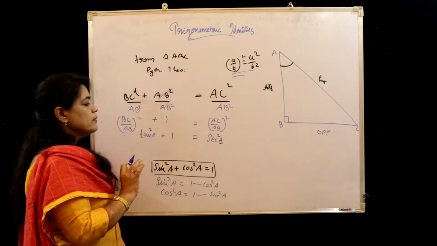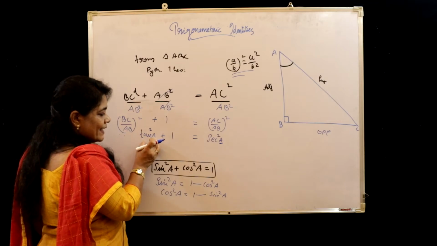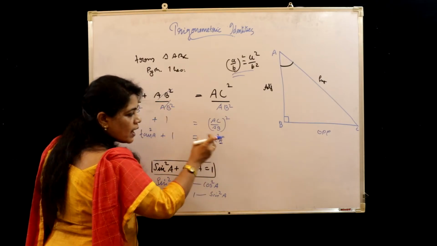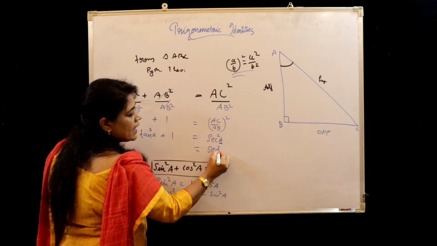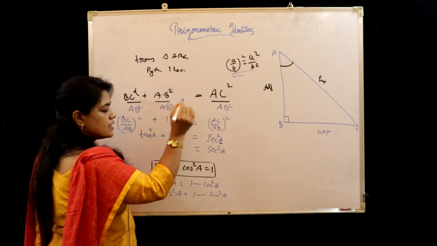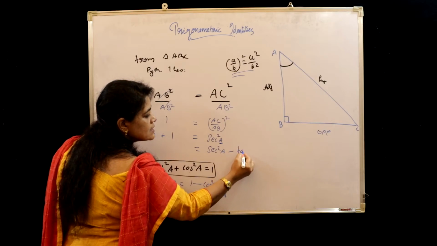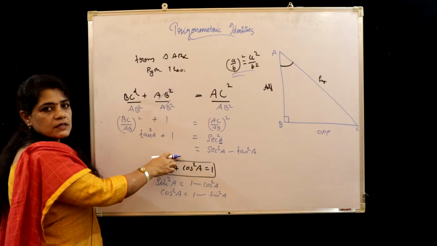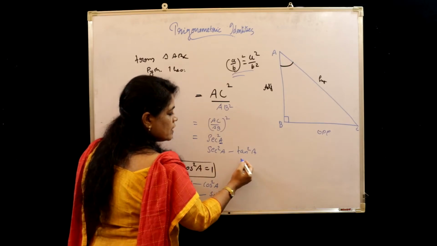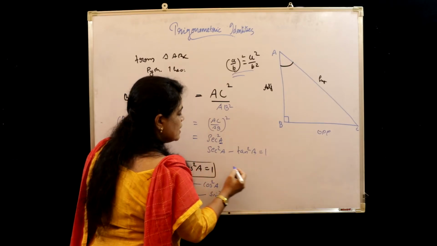Okay, so children, I am writing this by taking this tan square A to RHS. It will become sec square A, when LHS comes to RHS, minus tan square A. This is equal to 1. 1 comes here, or you can write sec square A minus tan square A equal to 1.